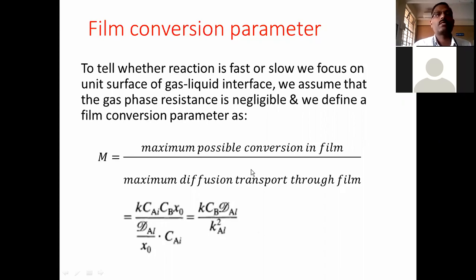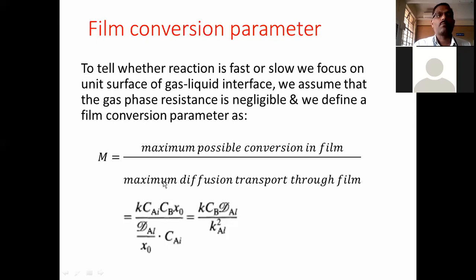So this M, the film conversion parameter, we calculate by using a mathematical equation. This is k into Ci into Cb into X0. What is it? That is the maximum possible conversion in the film. Maximum possible conversion in the film means whatever A enters the liquid film will react with B and some conversion will occur.